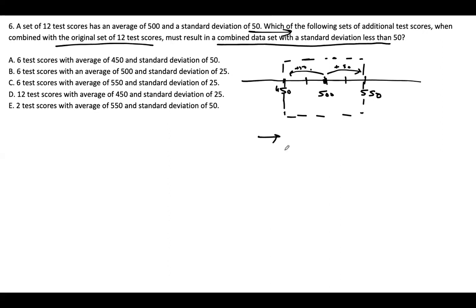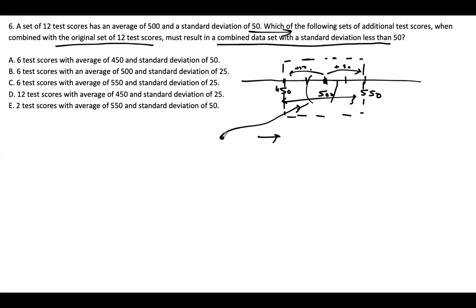Do you remember I've also said if we are adding some values that are within one standard deviation, as in closer to the mean, then there are high chances that the new standard deviation will decrease.